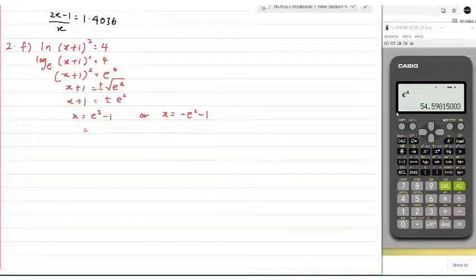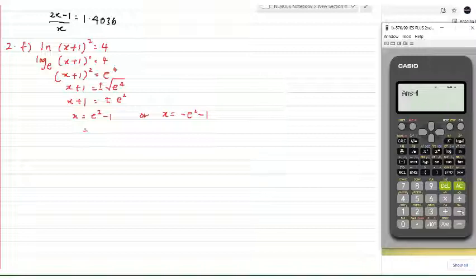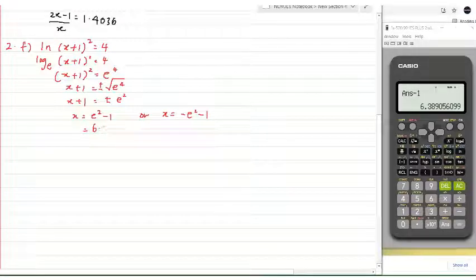Okay, this is e4. Now we do for e2. Okay, e2 is 7.389 minus 1. Answer is 6.389.